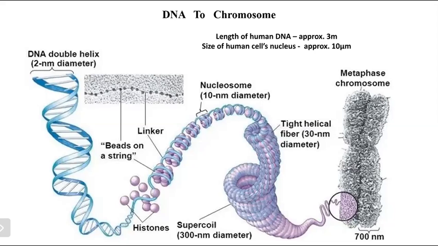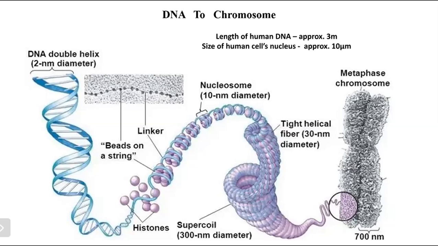This is the second level of packaging you can say, which is a nucleosome, and it is 10 nanometer in diameter. So what is a nucleosome? DNA bound around an octamer of histone. It's a nucleosome. Then in between nucleosomes you can see there is a linker DNA.